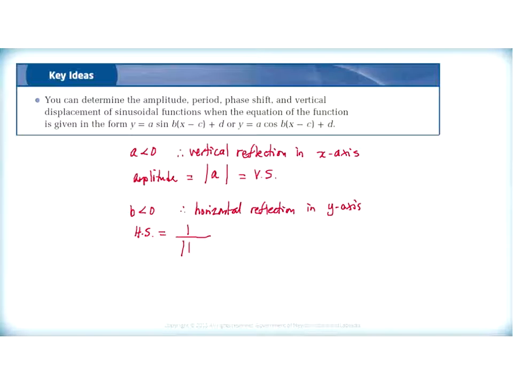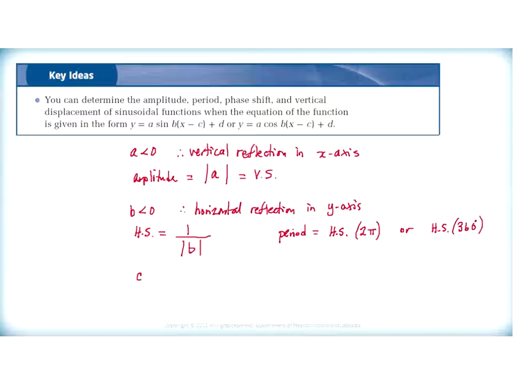So it would be 1 over the absolute value of b, represents the horizontal stretch. And the horizontal stretch affects the period of the function. The period is equal to the horizontal stretch multiplied by 2 pi, or it can be equal to the horizontal stretch multiplied by 360 degrees if you are using degree measure.